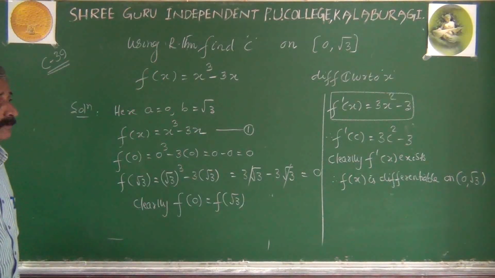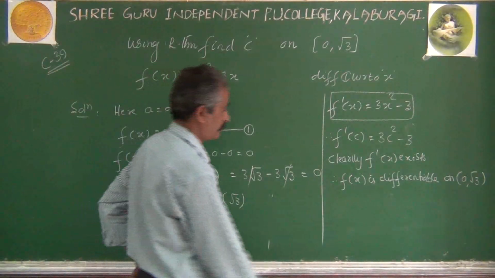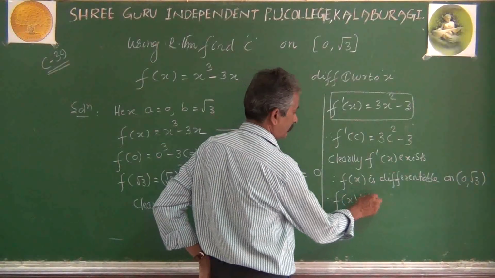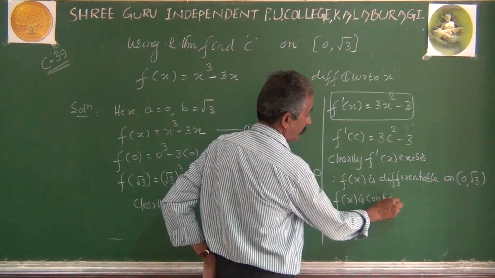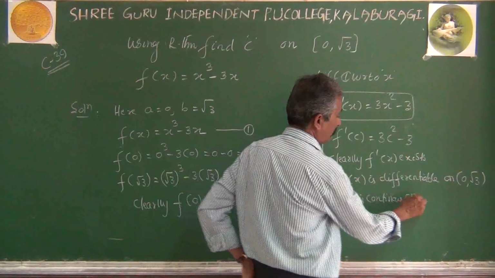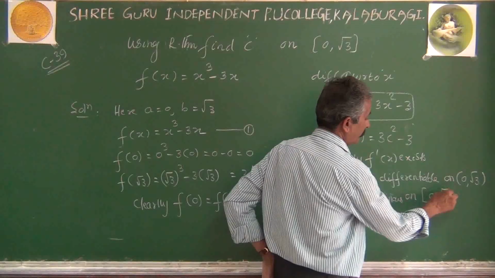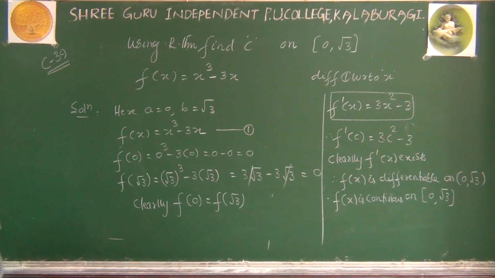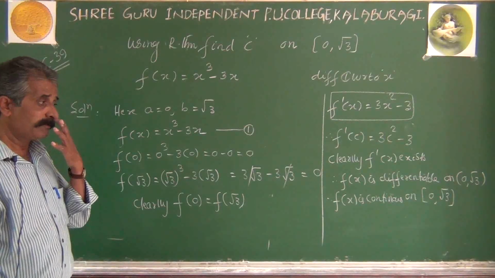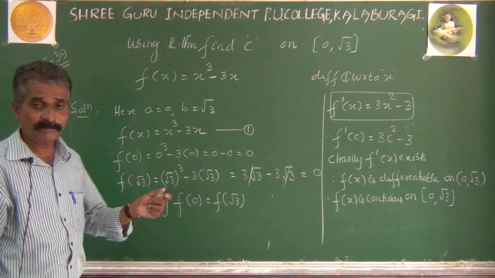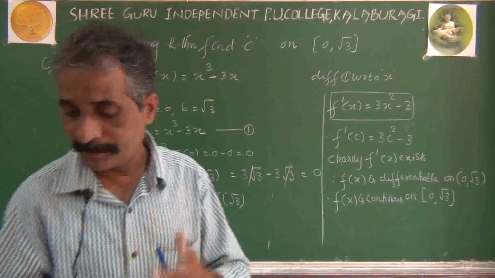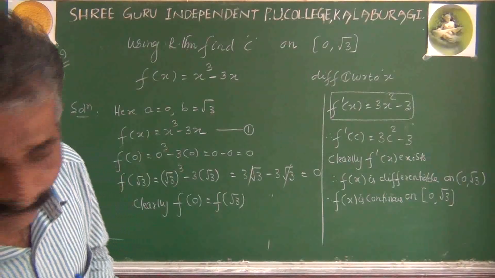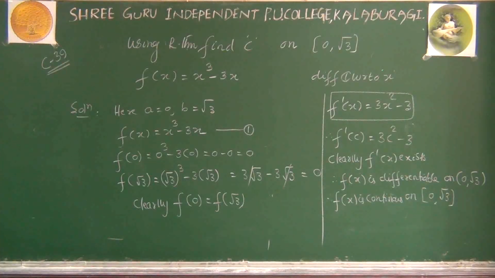Further, every differentiable function is always continuous. Therefore, f of x is continuous on the closed interval 0, root 3. The function is continuous, the function is differentiable, and f of a equals f of b is satisfied. These are all the conditions of Rolle's theorem.